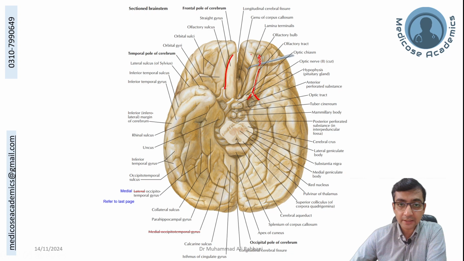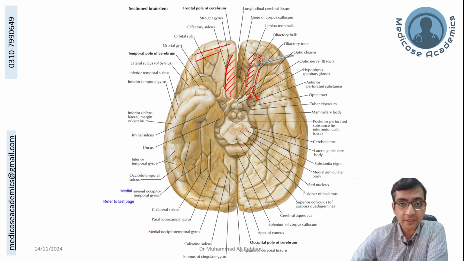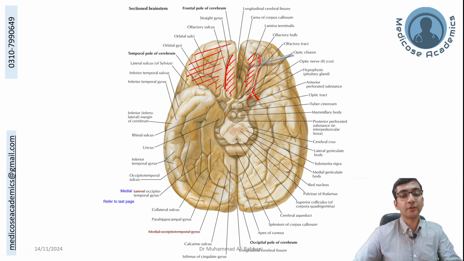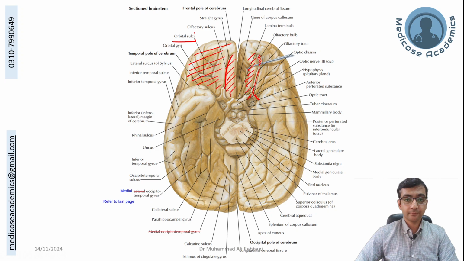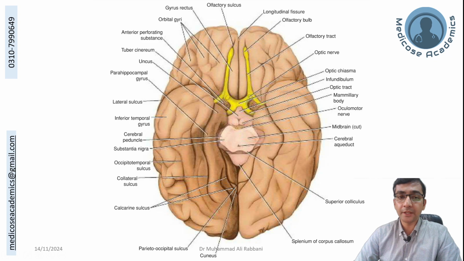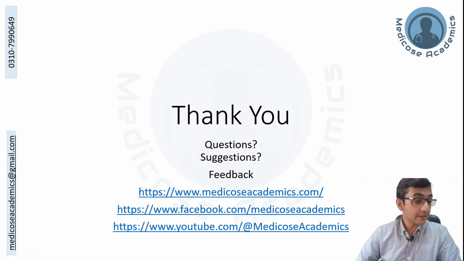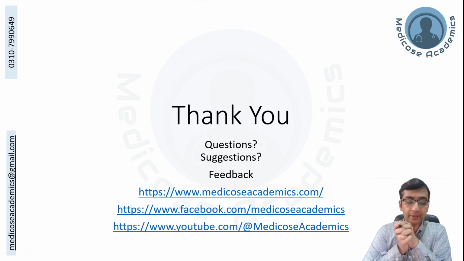Medial to the olfactory sulcus is the straight gyrus, or gyrus rectus. And all of the rest is lying on top of the orbital plate of the frontal bone. So these are called orbital sulci. This is a picture from Snell's neuroanatomy, and you can see the labeling. And that's all the sulci and gyri of the brain.